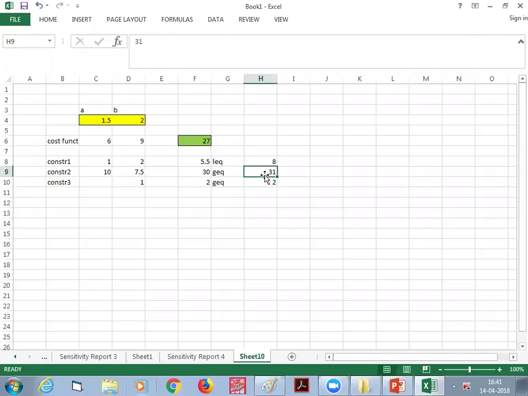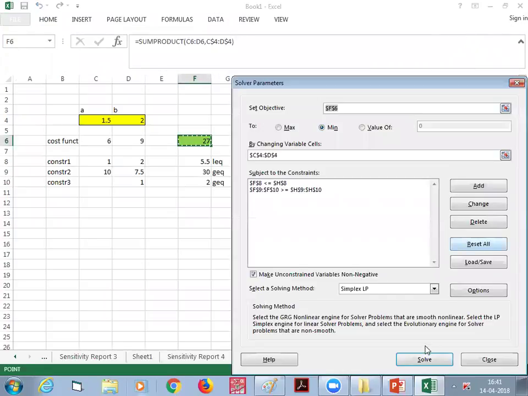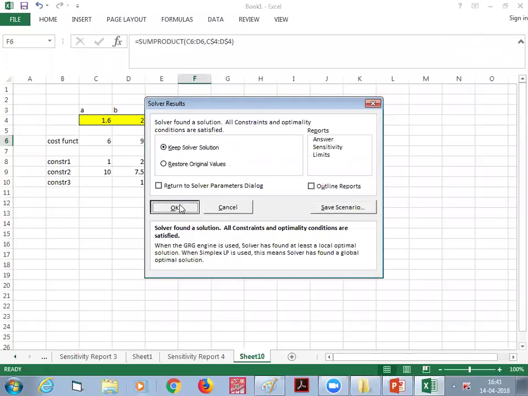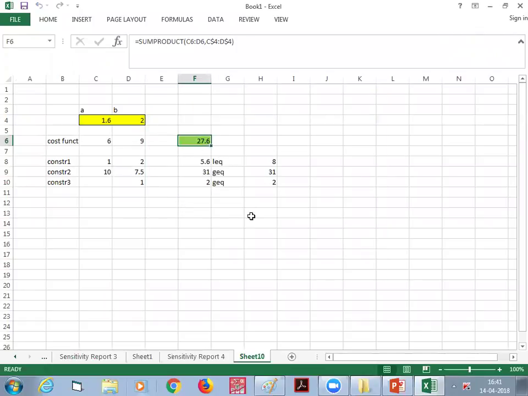So I've changed this to 31. When I solve this again, what has happened? It increased to 27.6. So the shadow price is how much the objective function increases by, and the dual value is how much it improves by. We're trying to minimize, but it has increased, so it has not improved, it's worsened.